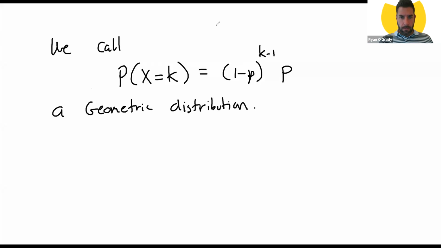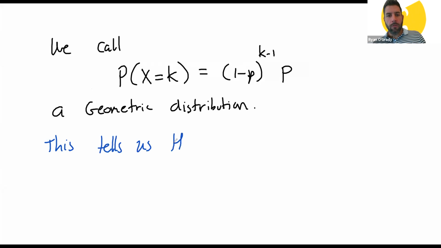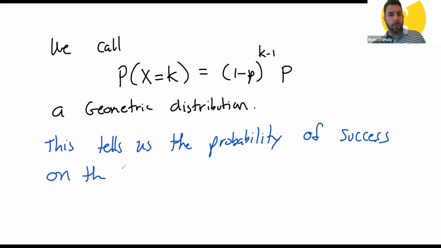The way you can interpret this in English is, this tells us the probability of success on the kth trial.